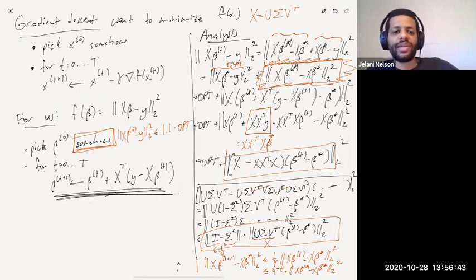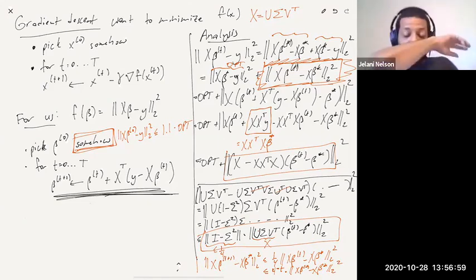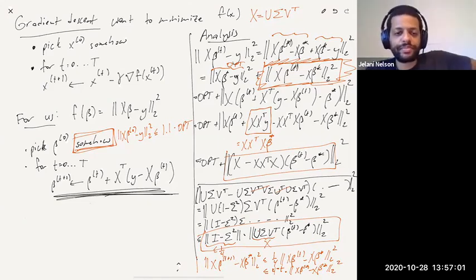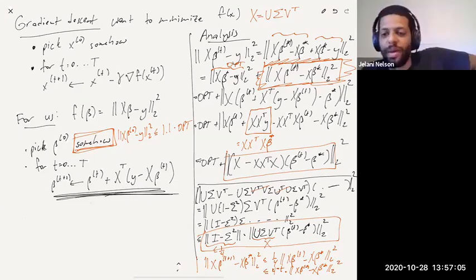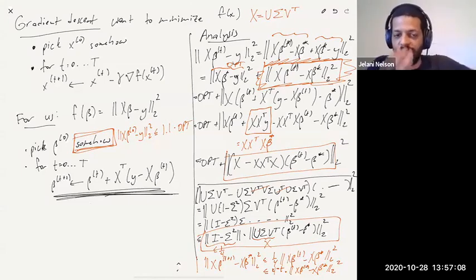But here, I'm going to say, just set epsilon to be some constant, like a tenth. It could even be a third, a quarter, something. It doesn't really have to be that small at all. You basically just want to make sure that this thing is at most O of opt, in fact. Even that would be enough. So that you can do with sketch and solve without paying too much in terms of your error parameter.